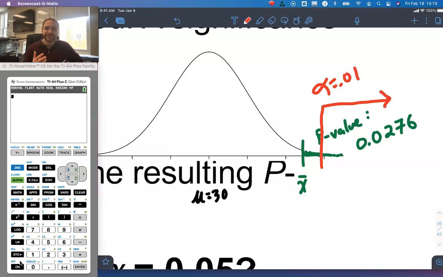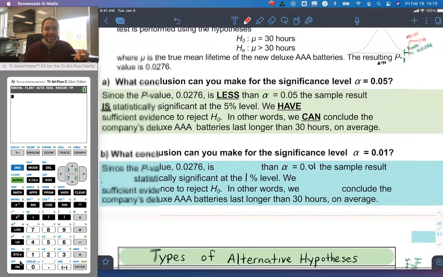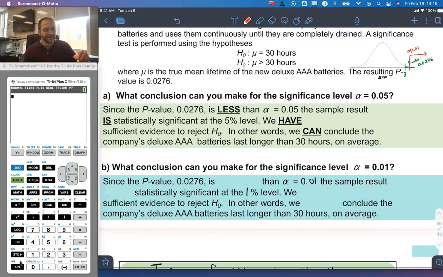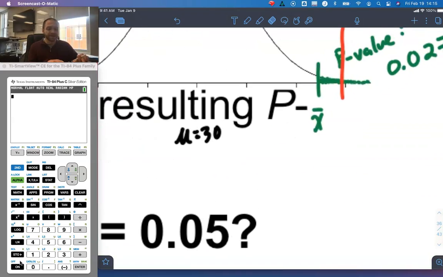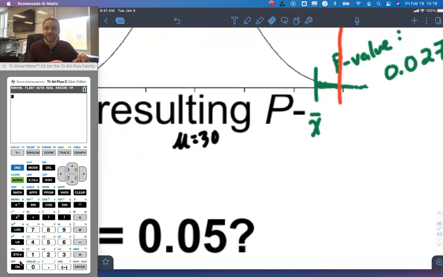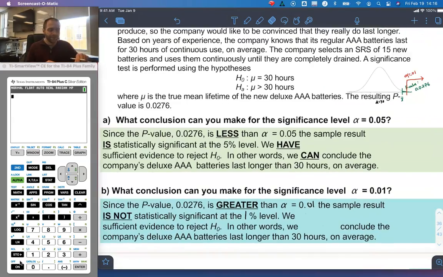So in this case, notice my x bar is outside that rejection area. I'm in the fail to reject the null hypothesis area. So in this case, when I have that smaller significance level, the p-value is greater than my alpha level 0.01, which means the sample result is not statistically significant because it's going towards what we thought it was going to be, mu equal to 30, what the claim was.